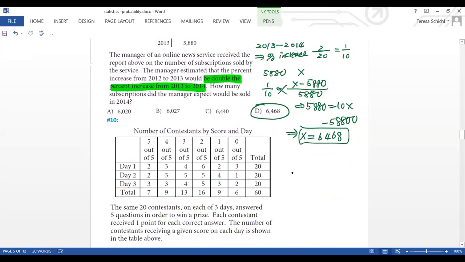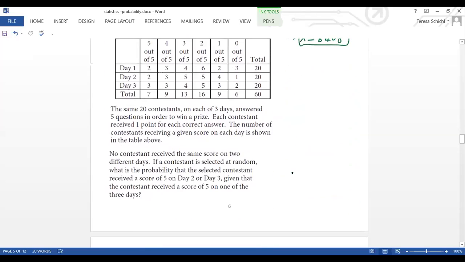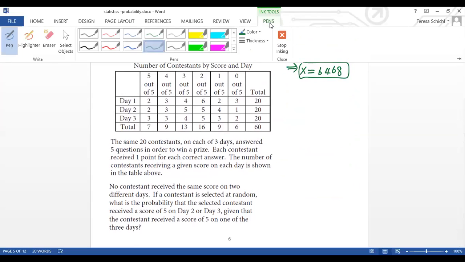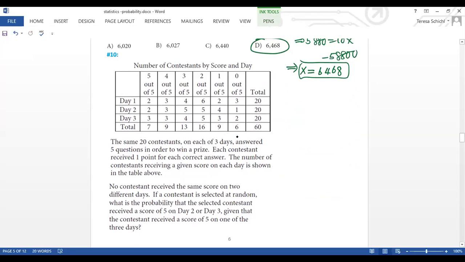Okay, so let's do one more problem, and then we will stop this video. We will continue the remaining ones in the next videos. Okay, so this one says the number of contestants. I think we saw this table before from the first part, the statistics package for the distribution and the summary statistics.